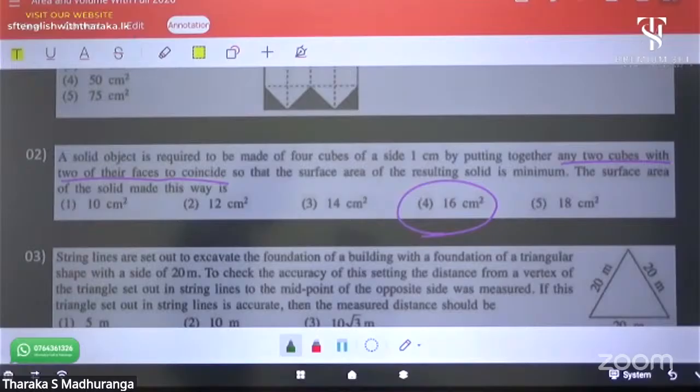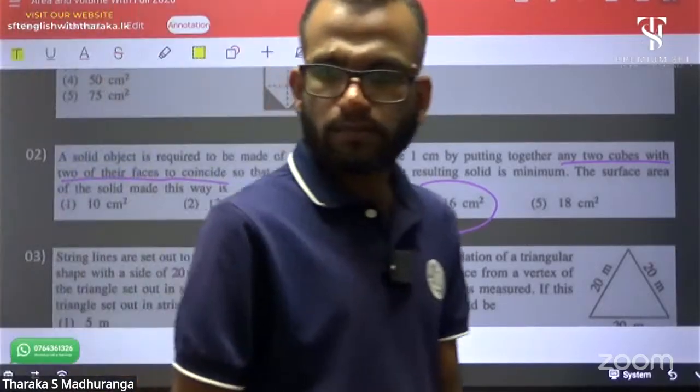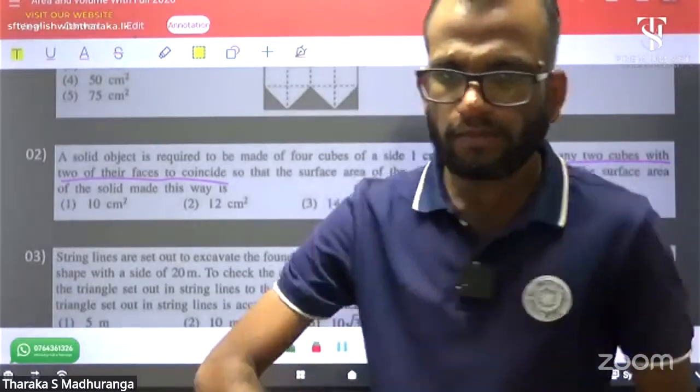Hashini, Halindu, Sweta. Right? Yeah, it's a simple.